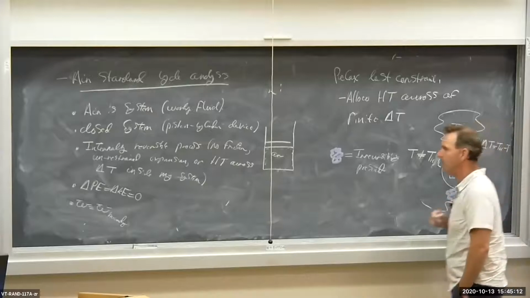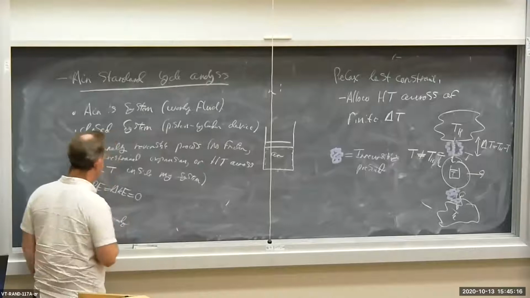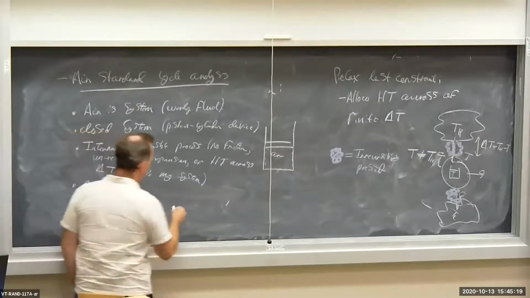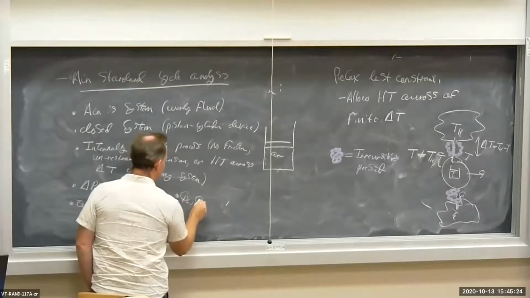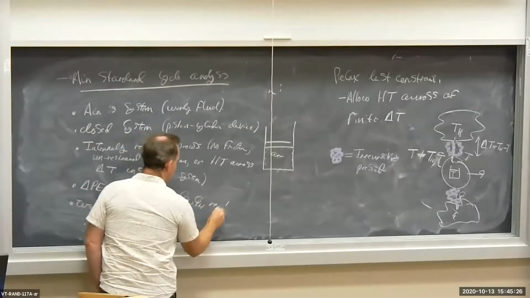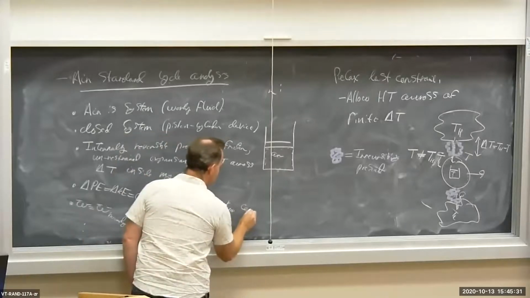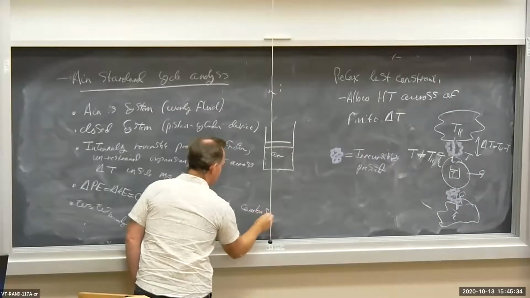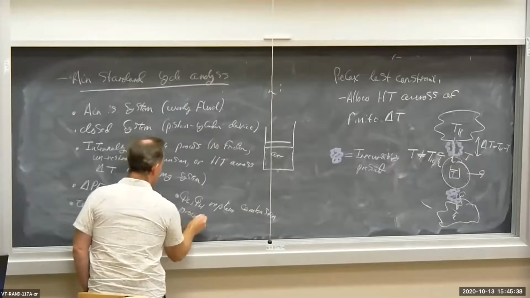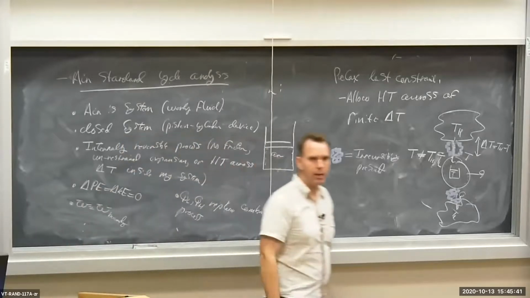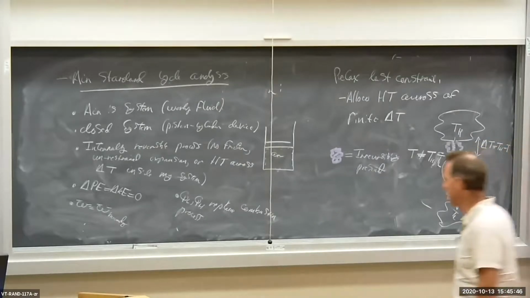So Q low and Q high replace the combustion process or the rejection or exhausting of the products of combustion, okay?